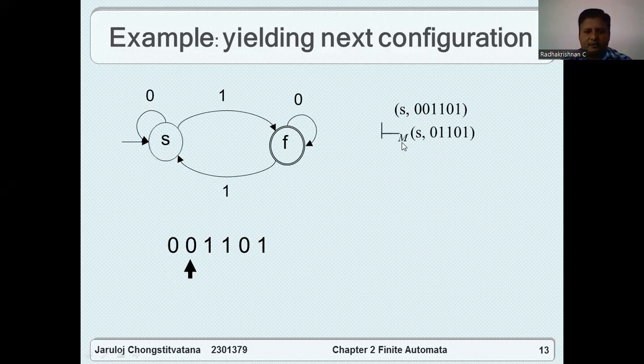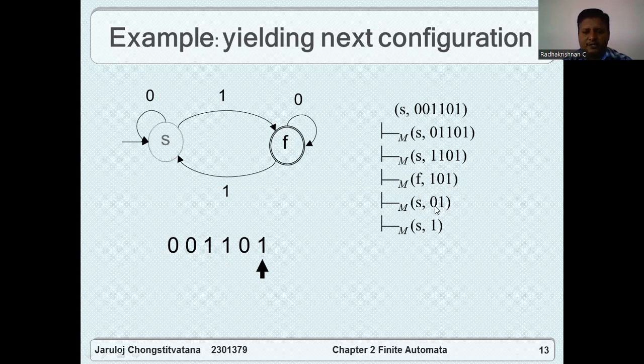S comma 0 means the same state will be present. 0 is completed. Now the remaining input is 1, 1, 0, 1. S comma 1 goes to the final state F, remaining 1, 0, 1. Now F comma 1 changes the state to S, remaining input 0, 1. S comma 0 stays at S. The last character is 1, S comma 1 means F, so it will be accepted.